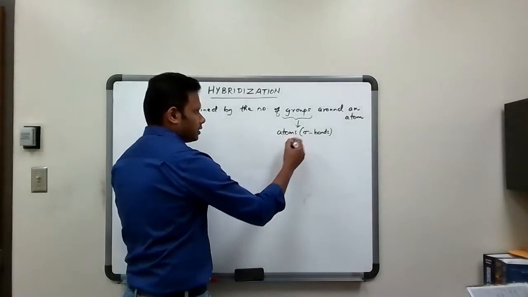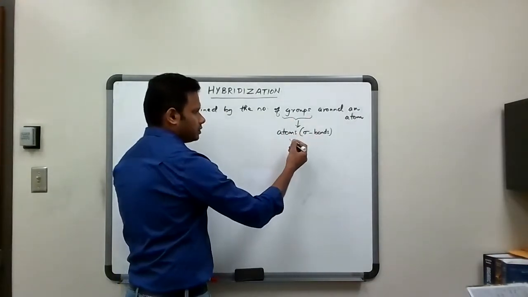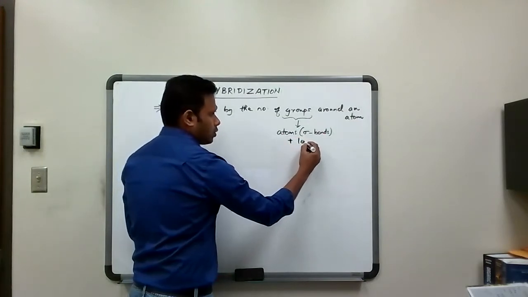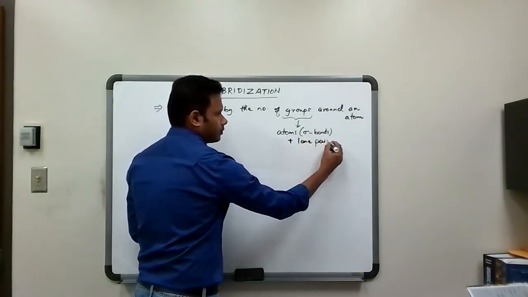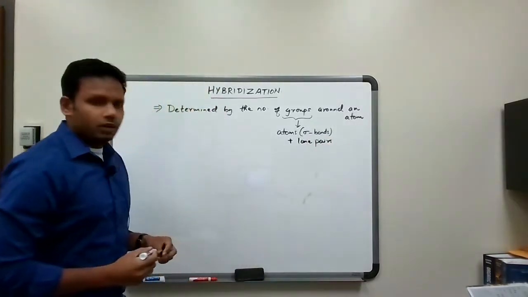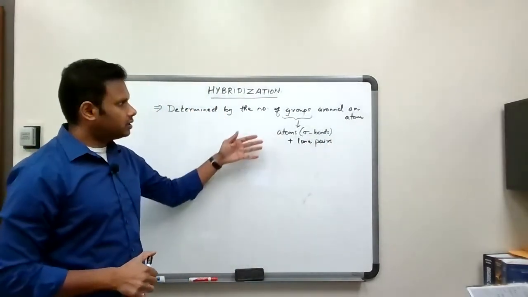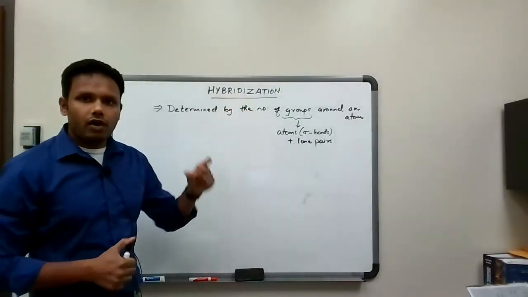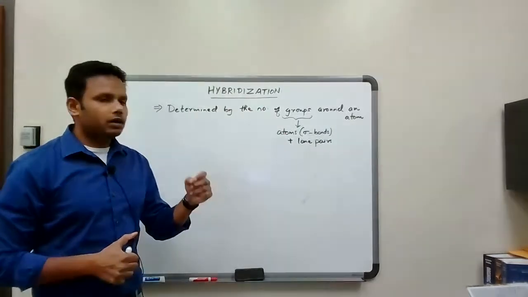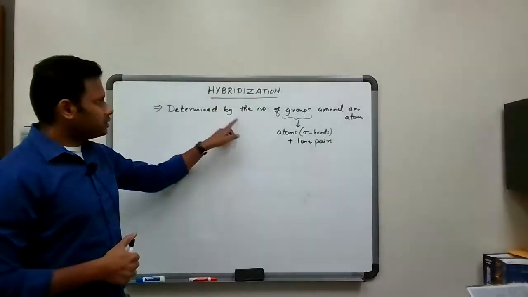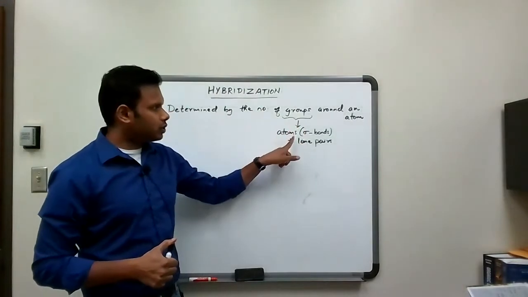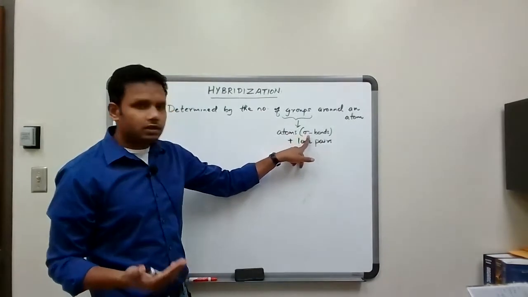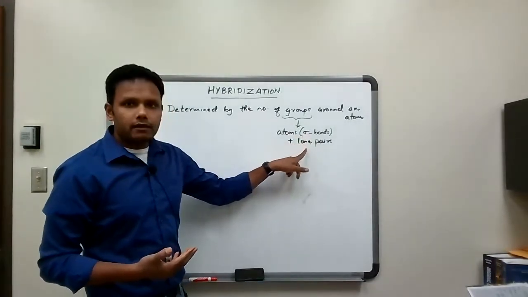But the number of atoms or bonds plus lone pairs is what defines the number of groups around an atom. That's how the hybridization of an atom in a molecule is determined. It's determined by the number of groups, which includes other atoms that it is bonded to, but we only count sigma bonds and lone pairs.